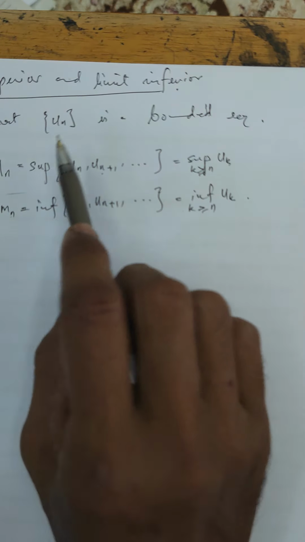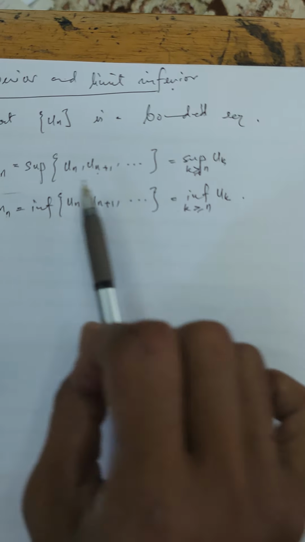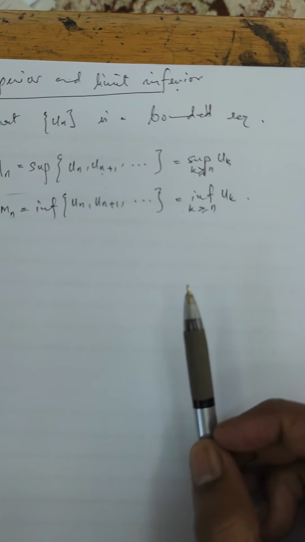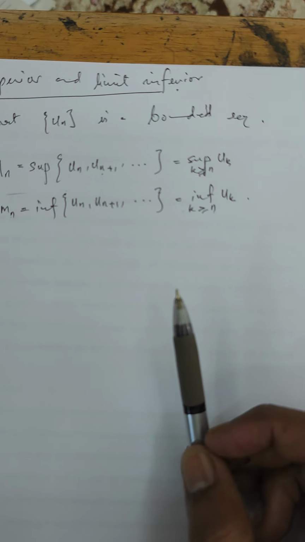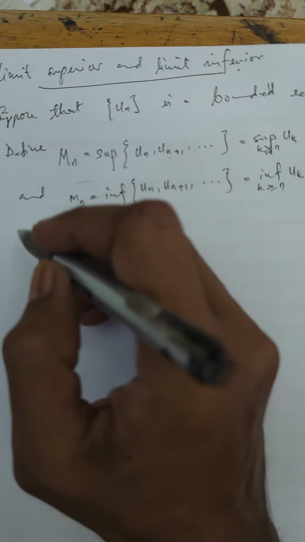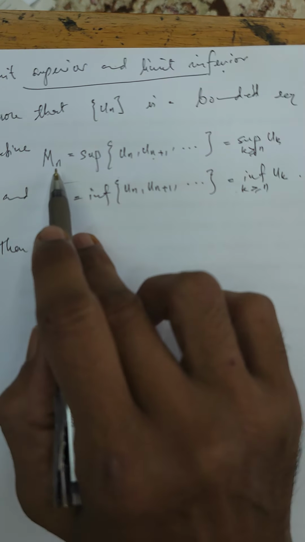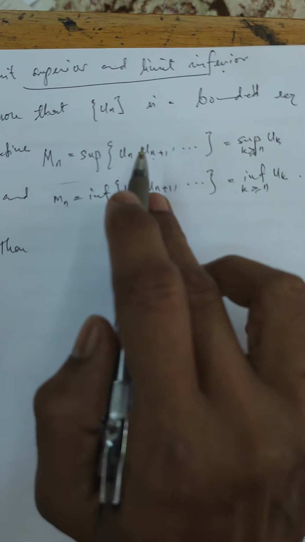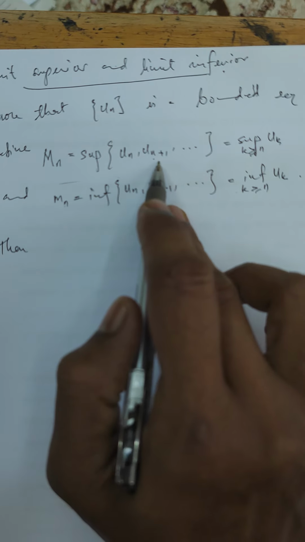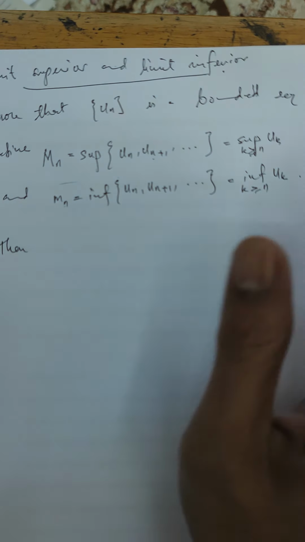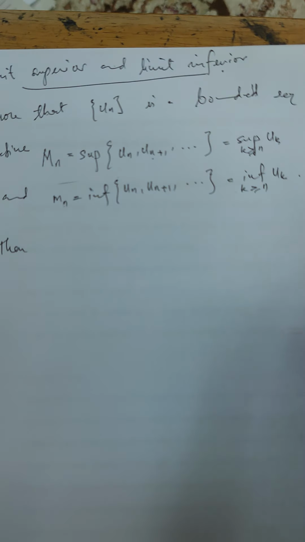So remember that we have a sequence Un which is bounded, and we define the supremum and infimum of those sequences. If we develop from here, you can find M1 which begins from U1, U2 and so on, M2 which begins from U2 and so on, and also M3, M4, 5, as well as small m1, m2 and so on.